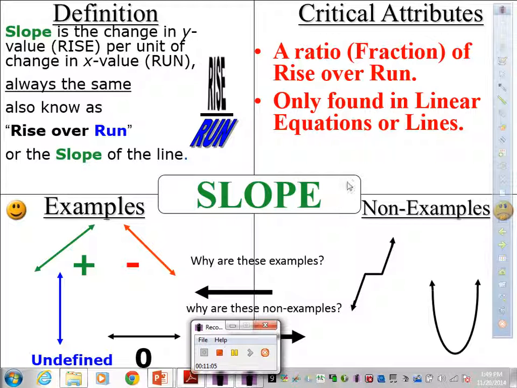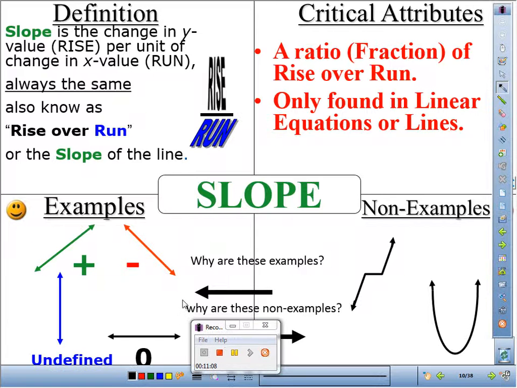Also, from now on, the symbol that we're going to use for slope, I'm going to write it right here next to it in parentheses, is M. An easy way to remember that the symbol for slope is M is like this. Some of you are saying, why not use S?